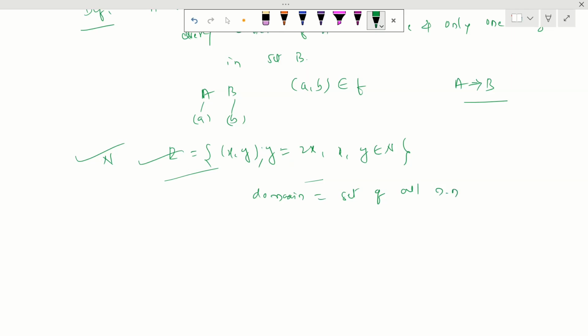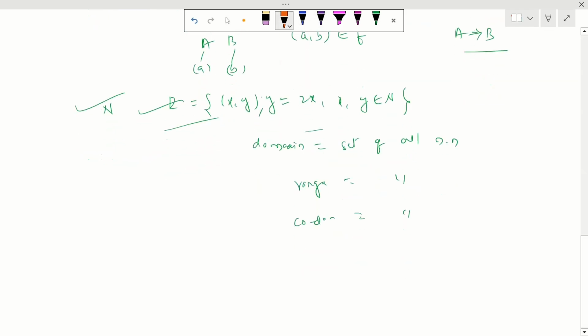The range is also a set of natural numbers, and the codomain is also a set of natural numbers. We don't know exactly how many elements the range contains, so we say the domain, range and codomain are all the set of natural numbers.